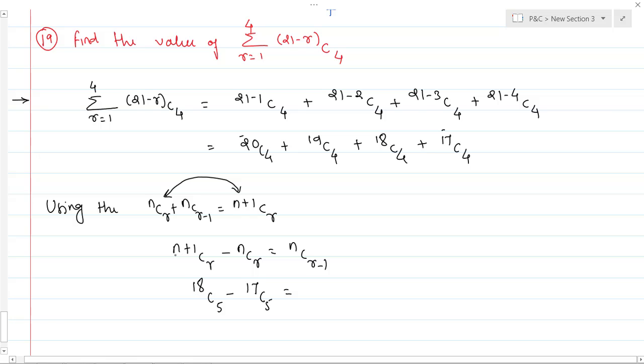If I am considering n plus 1 Cr is 18C5, minus nCr is 17C5, so this will be equal to 17C4. Yes or no? Because I have considered n as 17 and r as 5, so it becomes 18C5 minus 17C5, and this becomes 17C4. Is it okay?